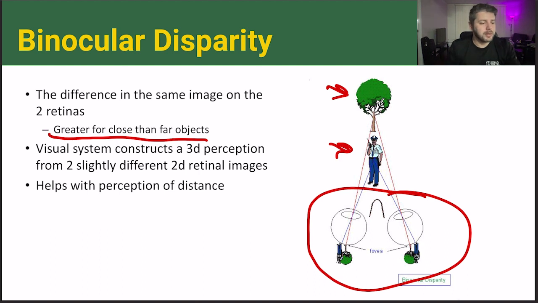So you can see these blue lines that come from the policeman, and they're here and here. Whereas for the tree, as the light is coming from a further distance away, the projection to both points on the retina is closer together across both eyes in the fovea, which is what we see here.